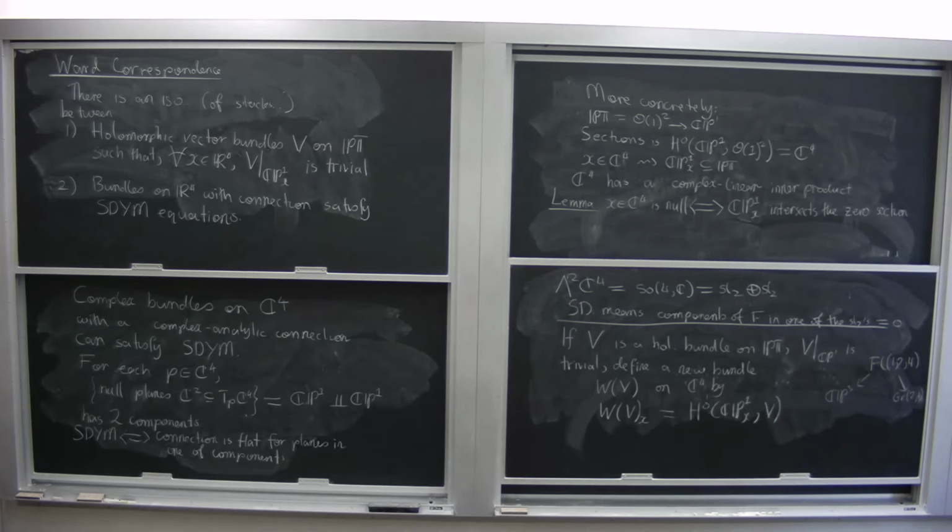In any case, every point here gives rise to a CP1 in twistor space, and my bundle we get by taking the cohomology along that. So we're just doing the push-pull along this correspondence.